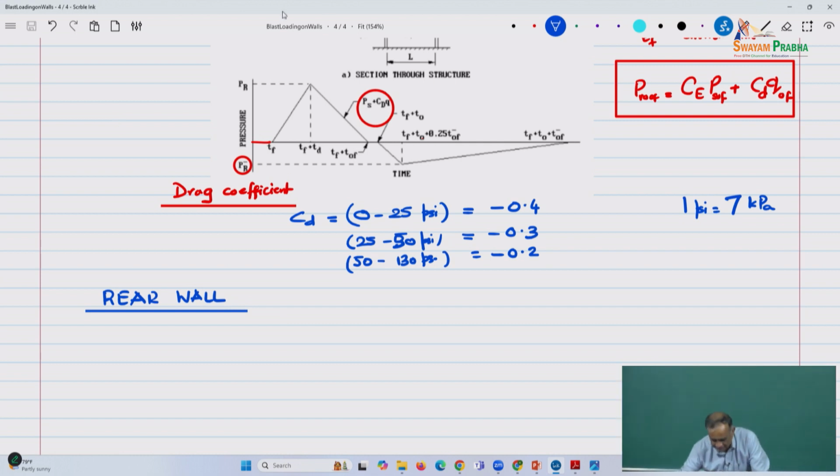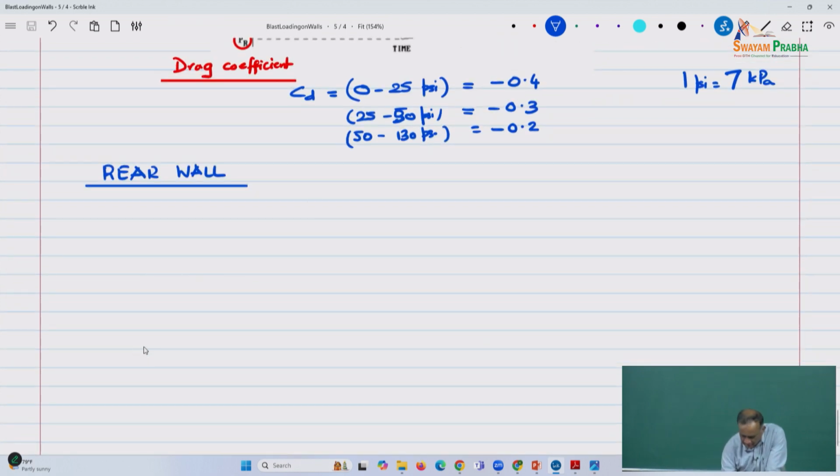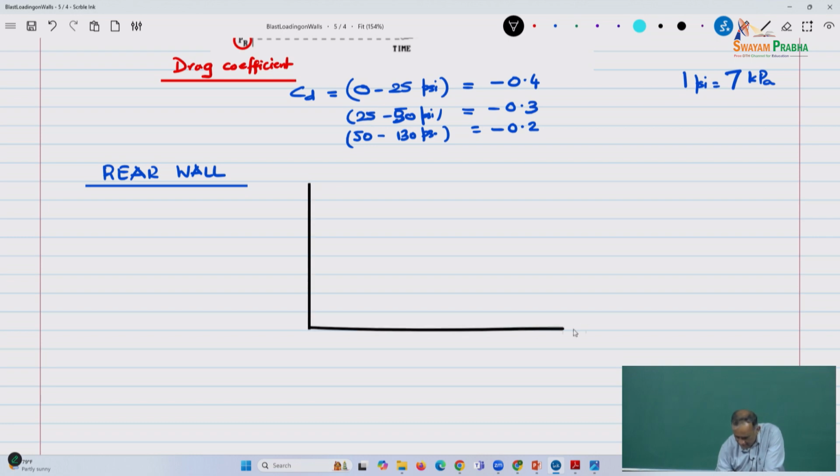Now in the rear wall, it's similar, the only thing is now you have the arrival time. Here it is PSO, let's say rear wall, and this is the time.